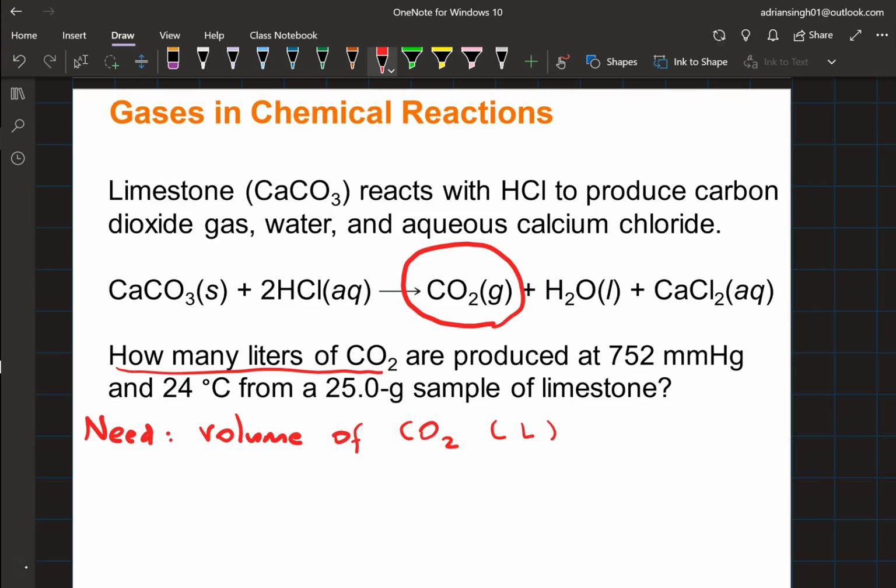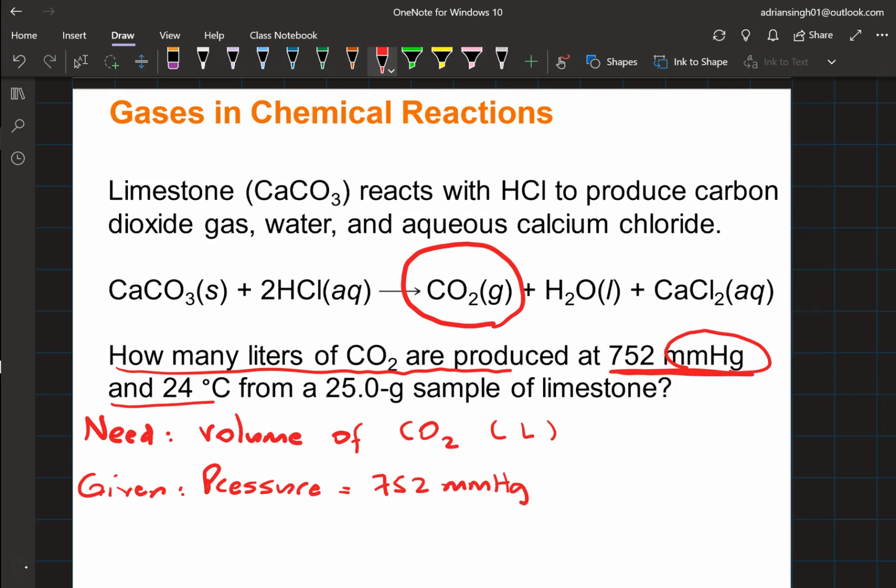We're given the pressure, so you have to recognize mmHg as millimeters of mercury, which is a unit of pressure. Let's write that down: we have 752 millimeters of mercury.